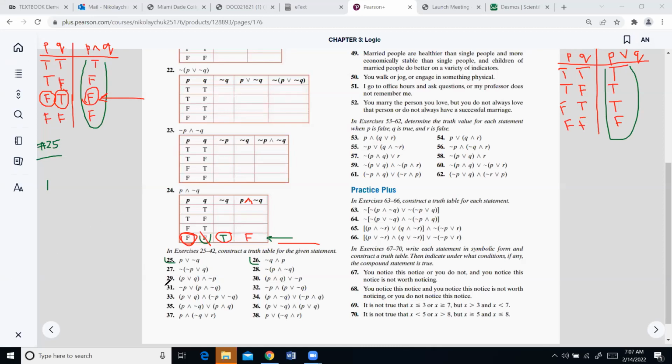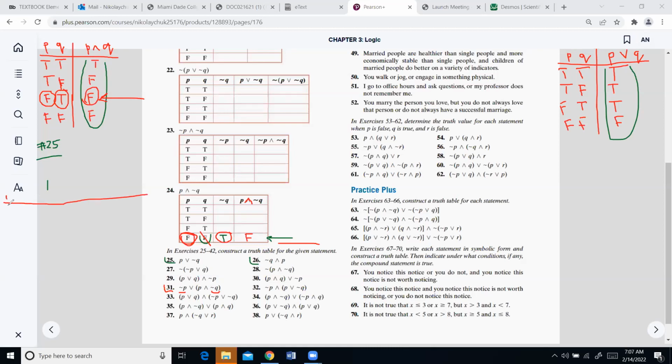Let me try a problem like exercise 31 that gets a little bit more involved. In exercise number 31, I need to get such a thing that deals with not P. There's also not Q. And all that needs to be put in the same table.